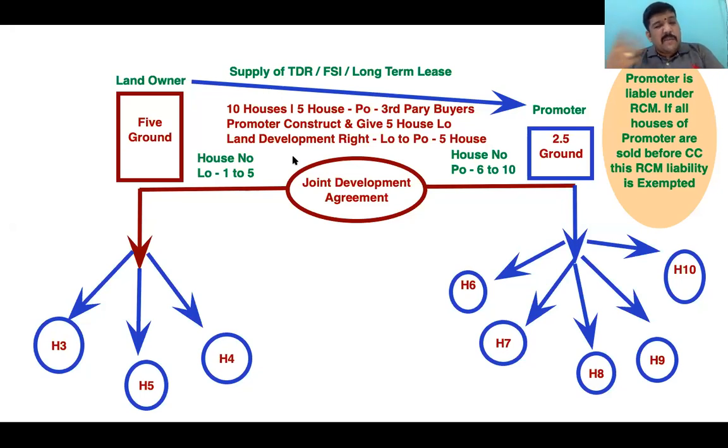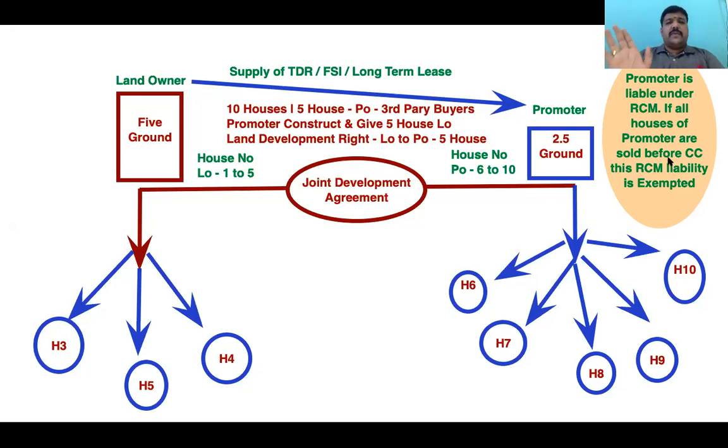When it comes to commercial, certain flats we are going to construct. Of that, 3 are commercial apartments, 7 are residential apartments. Then for the 3 commercial apartments, automatically RCM is applicable, because we are exempting only if it is a residential house, that too a residential house sold before CC.